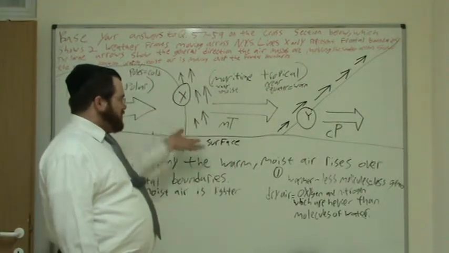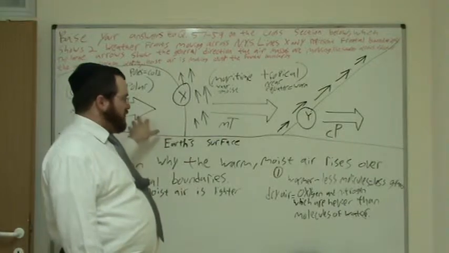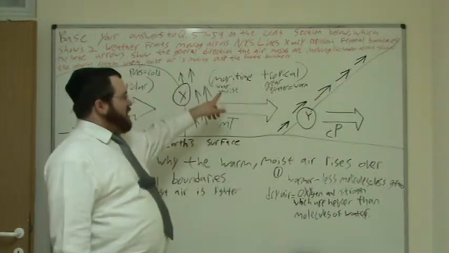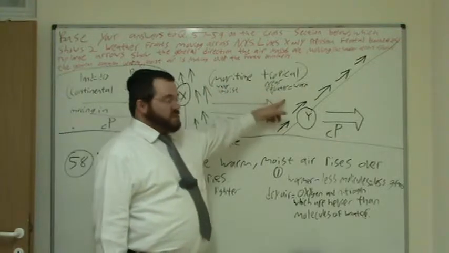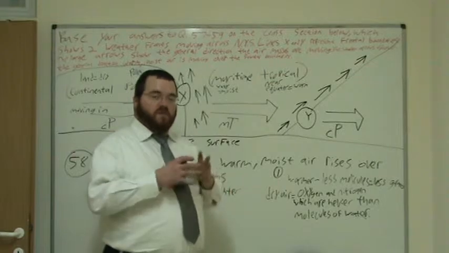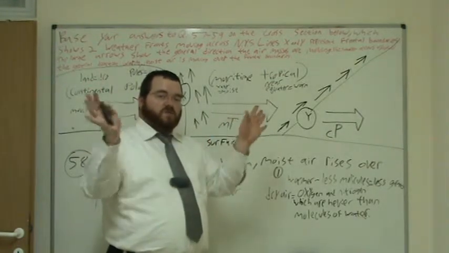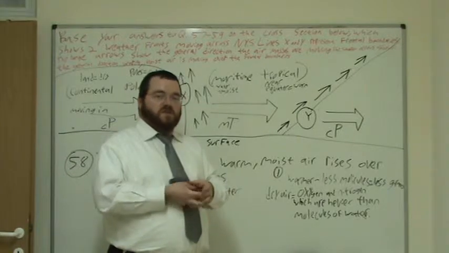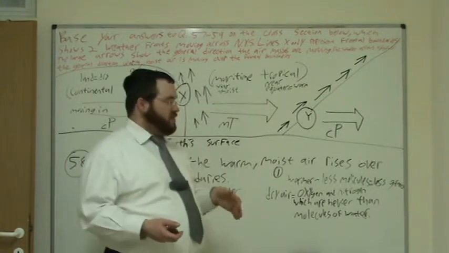So therefore it rises above the cold front that's coming towards it and the cold front that's moving away. And also because it's tropical, it's near the equator, the warmer the area, the more the molecules spread out, and the fewer molecules in one area, so the less density means less weight.